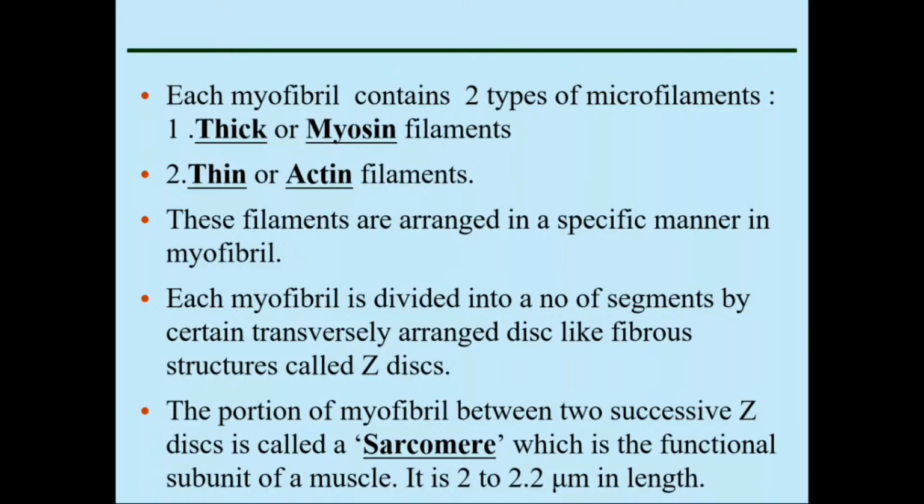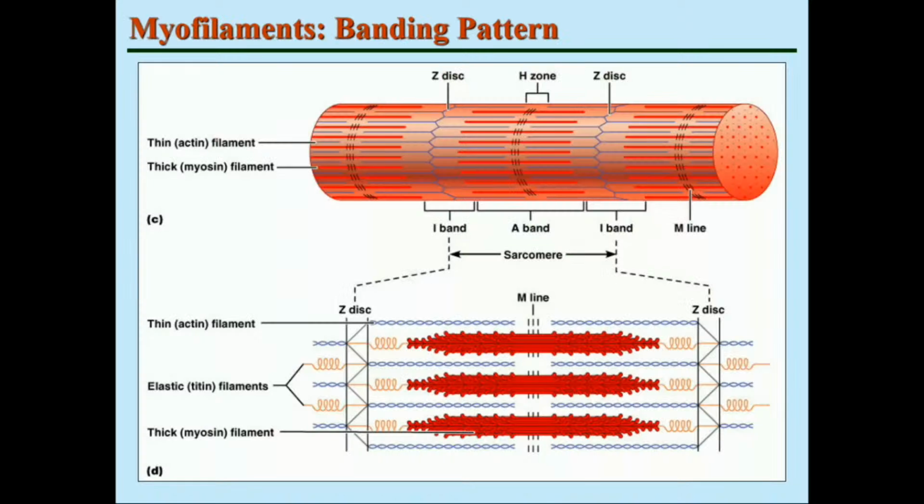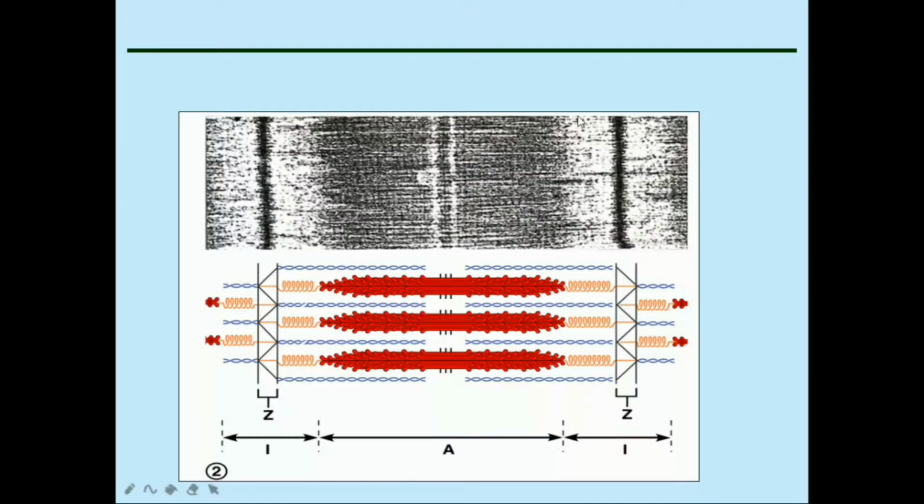Each myofibril is divided into a number of segments by certain transversely arranged disc-like fibrous structures called Z discs. Now look here, this is one of the Z discs.